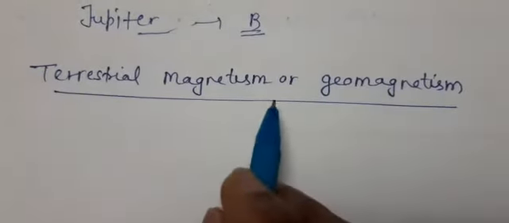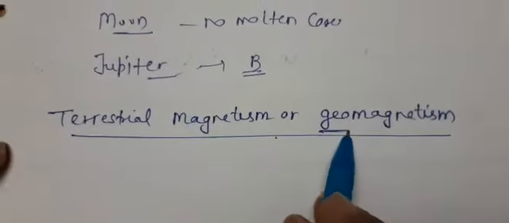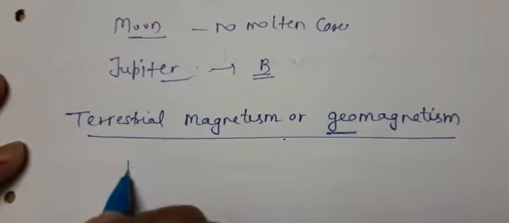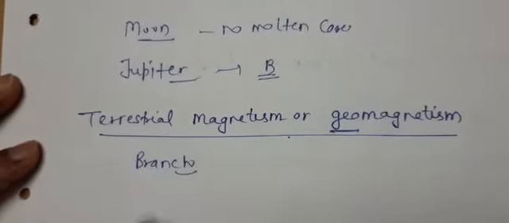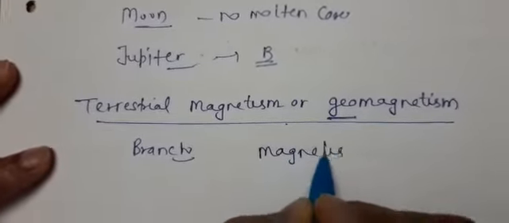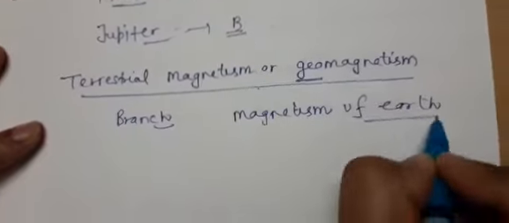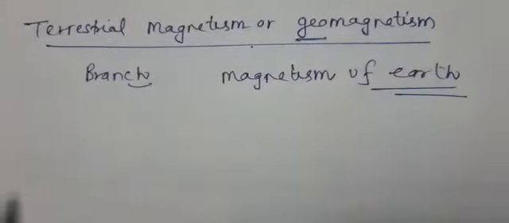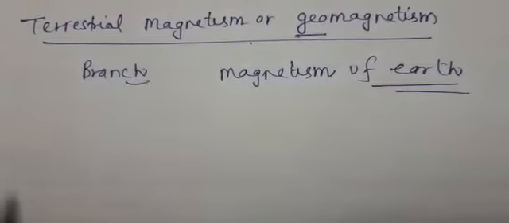Now terrestrial magnetism or geomagnetism, this is geo related to Earth. It is a branch of physics which deals with the study of magnetic behavior of Earth.